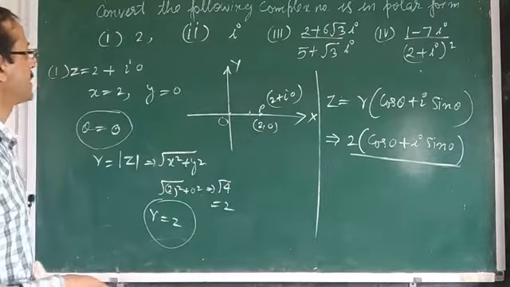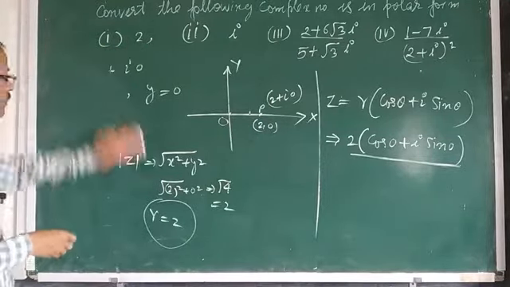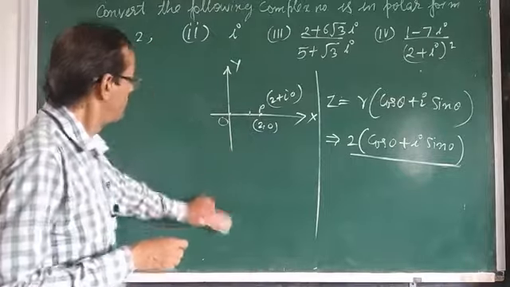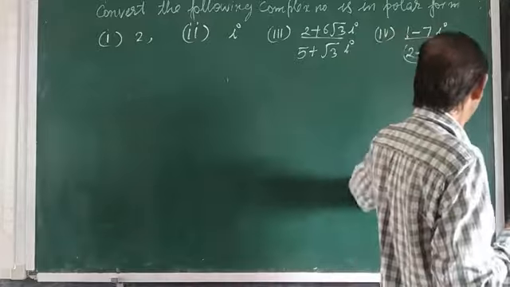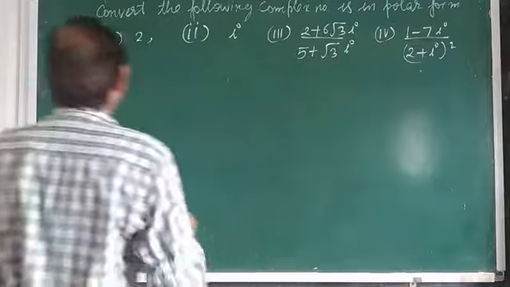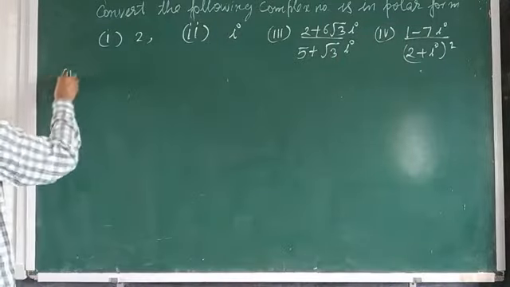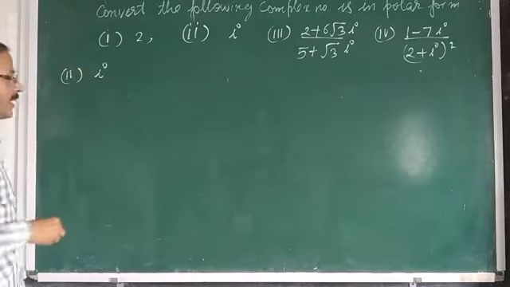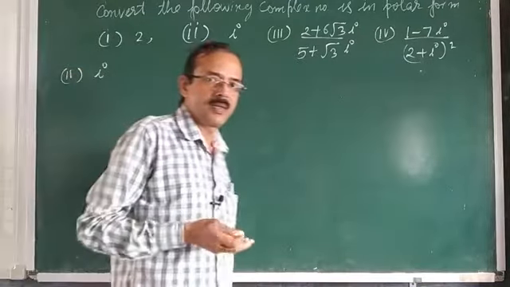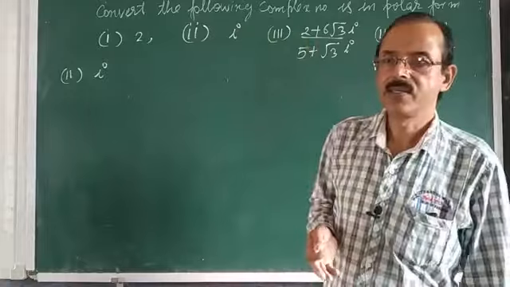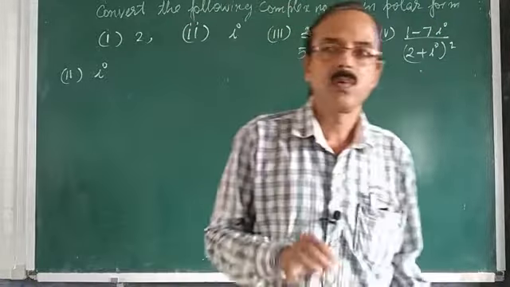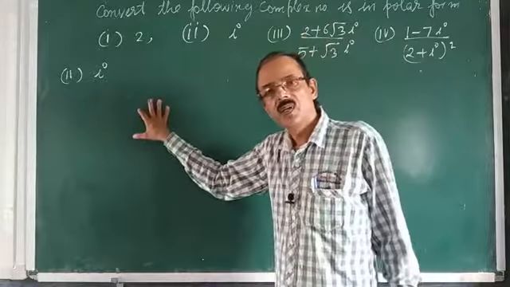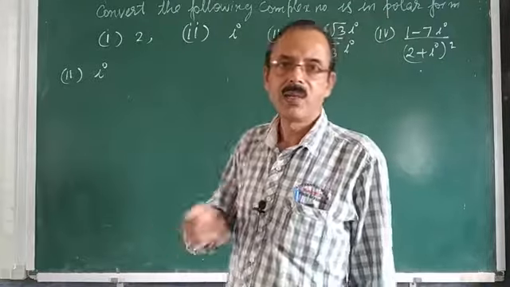Now take the second part: iota. Is it a complex number? Yes. For a complex number there should be two parts: one is the real part and second is the imaginary part.